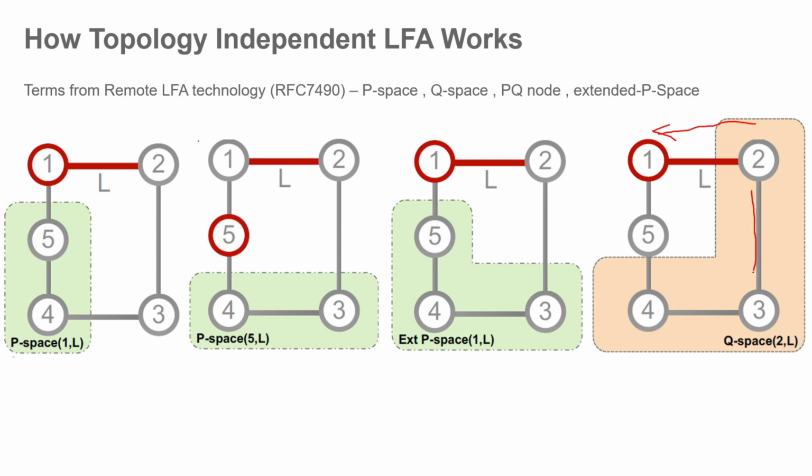So the router can reach 3 and 4 without going over the protected path. If we talk about the SPF tree or graph for router 2, this is router 1, this is router 2, this is router 5, and then this is 3 and this is 4.